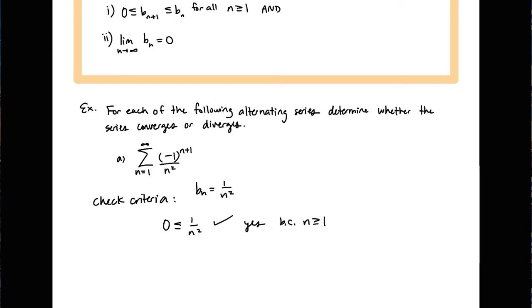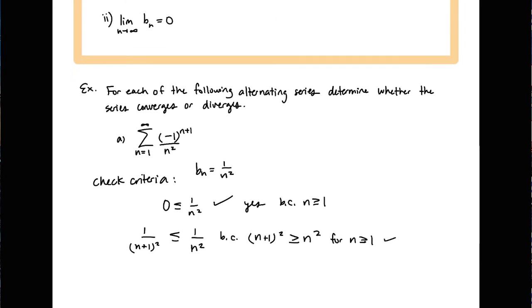So next, 1 over (n plus 1) squared is definitely going to be smaller than 1 over n squared because (n plus 1) squared will be bigger than or equal to n squared for n greater than or equal to 1. Okay, how do I know that? The numerators are the same. The denominator of (n plus 1) squared will be a larger number than n squared because our n is always positive. So the first condition, the inequality, is satisfied.